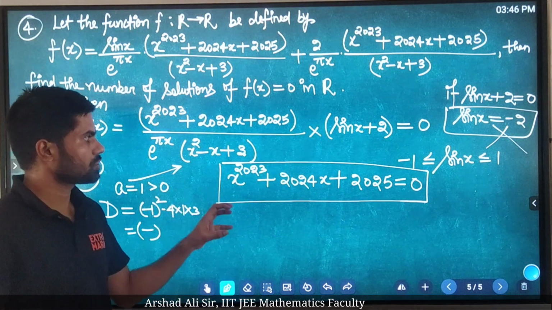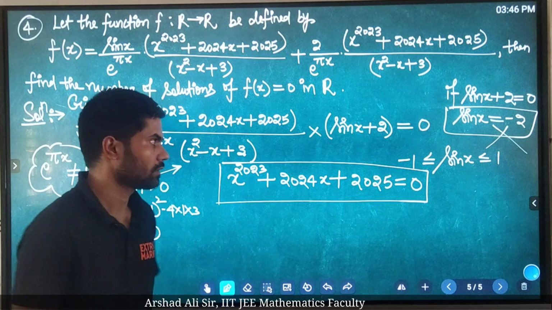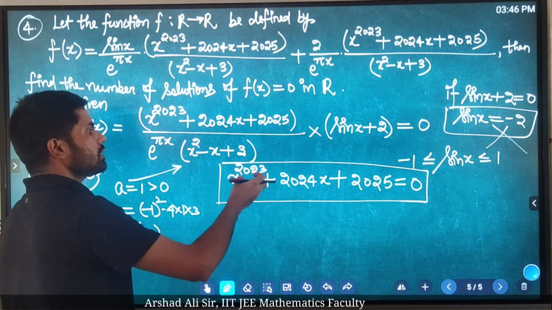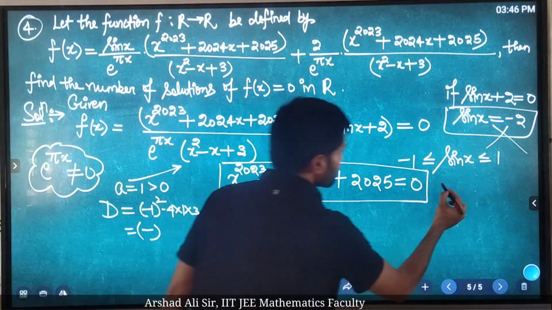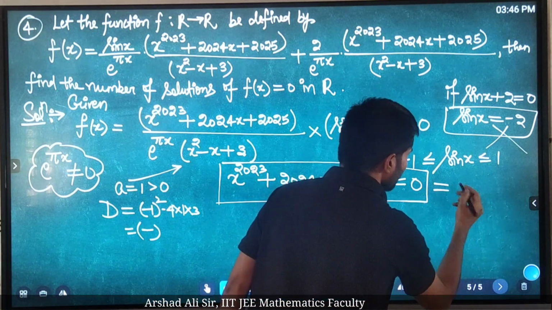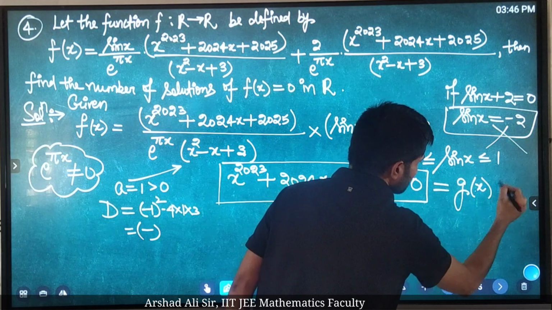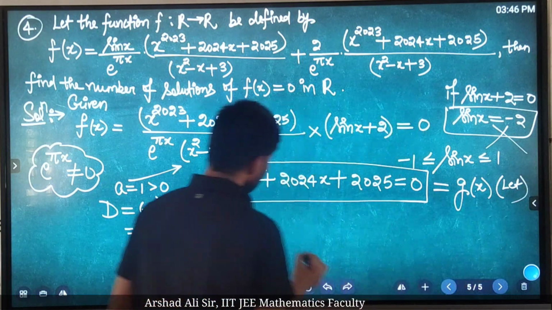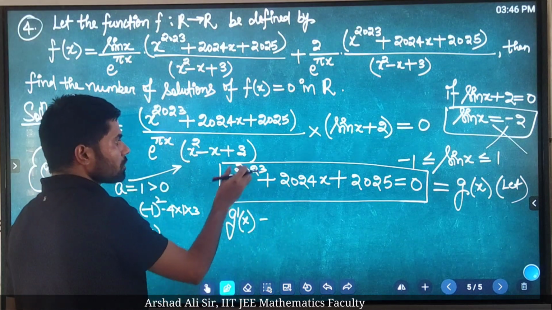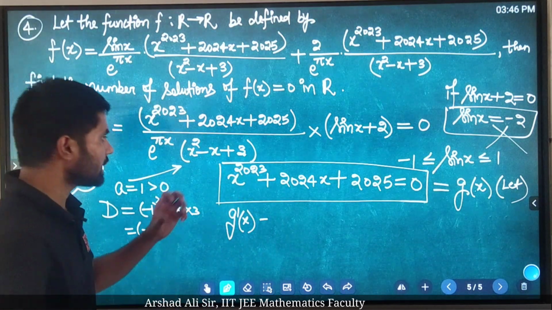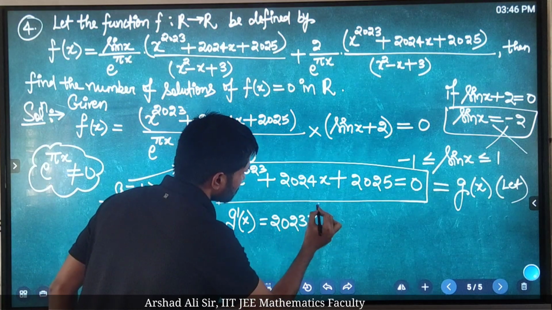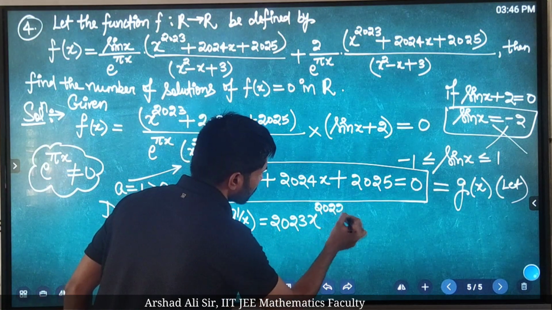So here best approach is you can find out derivative. You can consider f of x or any another function g of x. So do one thing, find out derivative g dash x. x to the power 2023, what is derivative? 2023 into x to the power 2022.